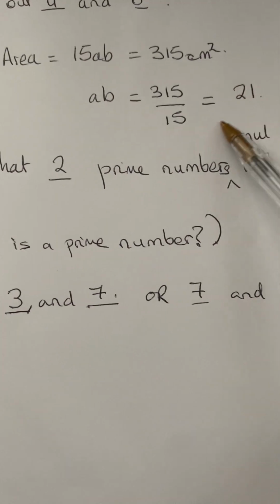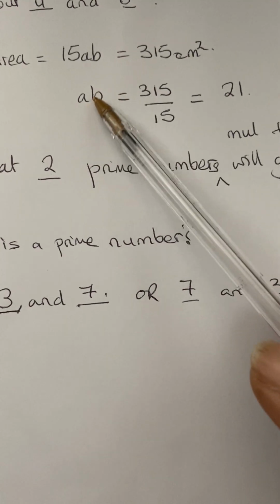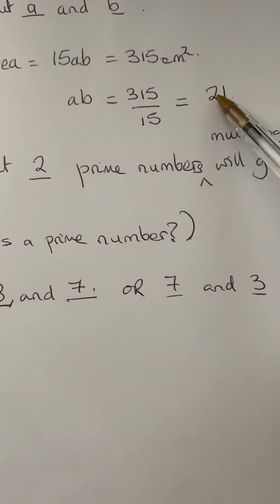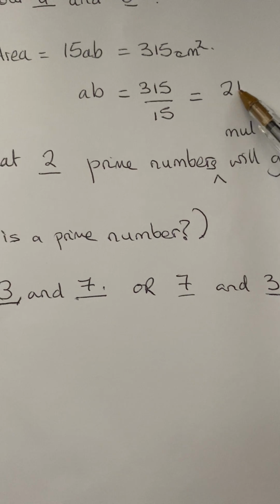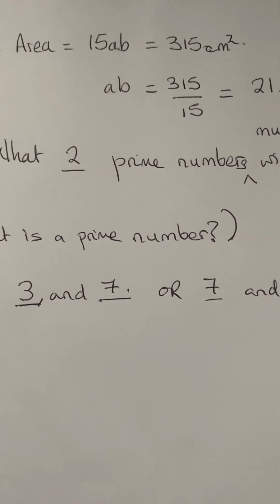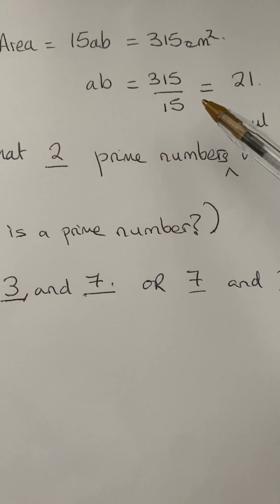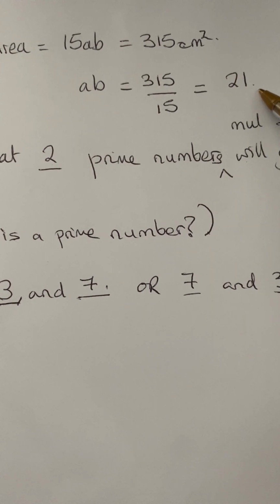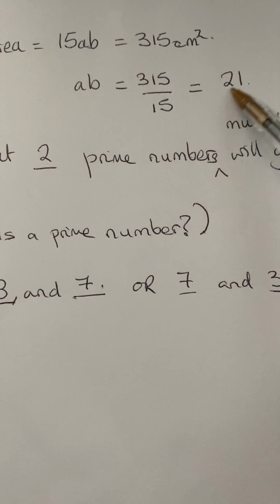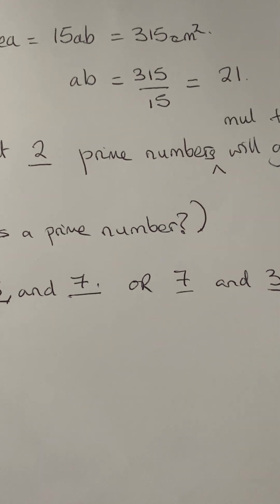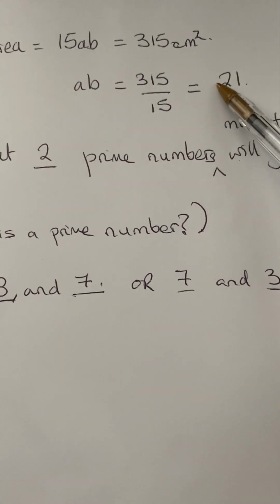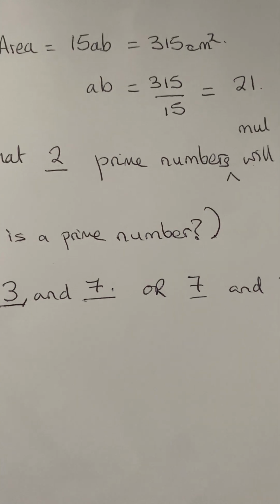Now, what two prime numbers, when you multiply them together, will give you 21? 1 is not a prime number, and 1 times 21 is also not valid, because you can have factors of 3 and 7.